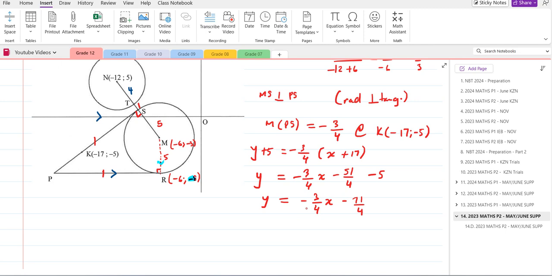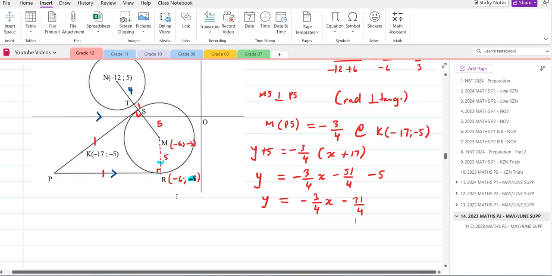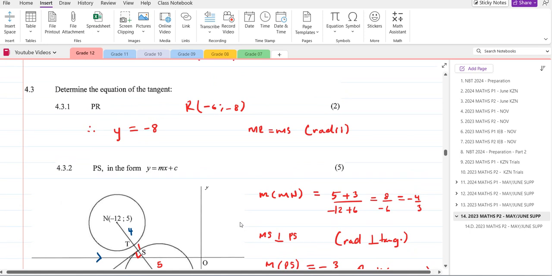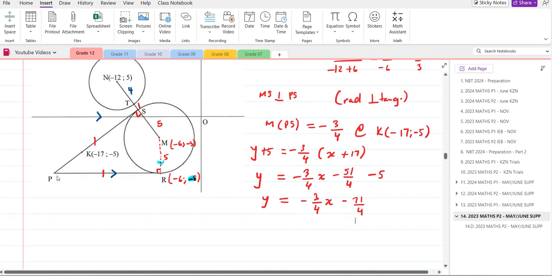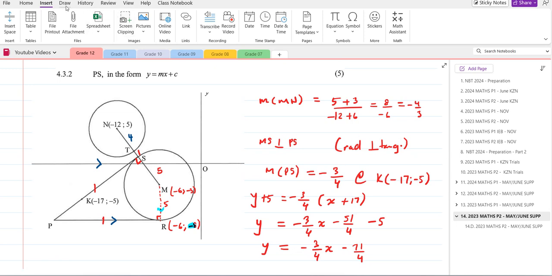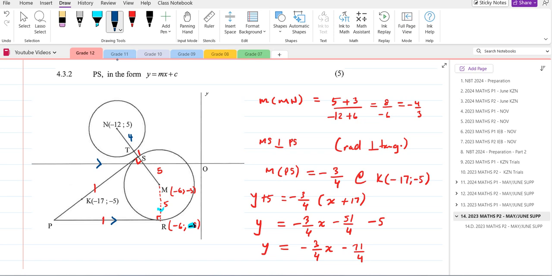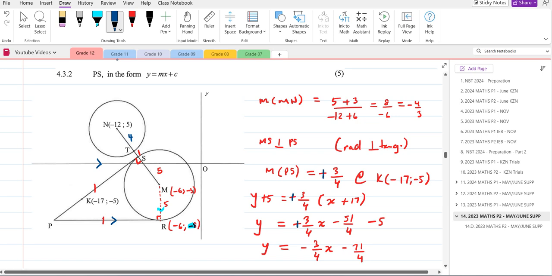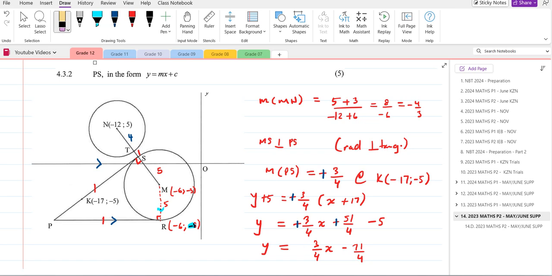Right, so we're finding the gradient of PS. Yeah, it's supposed to be positive sloping, so there's a mistake here, because that's negative. It should be positive here. Yeah, so I was going to check that either way. So that should be positive. Plus and plus here. So take out this negative.